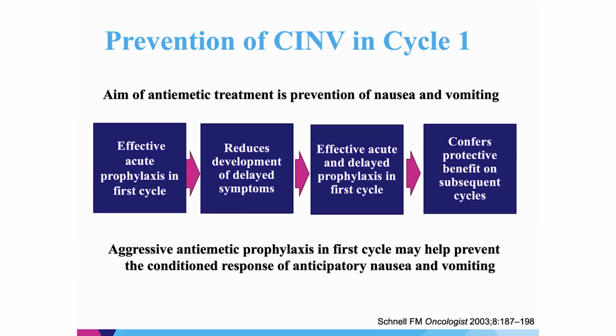If you treat and prophylax appropriately to prevent delayed chemo-induced nausea and vomiting, they are less likely then to have chemo-induced nausea and vomiting for the next cycle, or they're less likely to get anticipatory nausea for the next cycle. So it's really, really important to get this right in the earlier cycles, because it means that you're hopefully not going to run into trouble with chemo-induced nausea and vomiting that's refractory in later cycles.